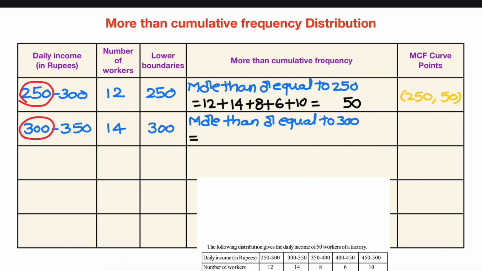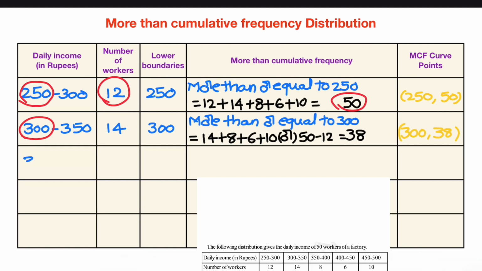They are 14 plus 8 plus 6 plus 10, or 50 minus 12, that equals 38. Point is 300, 38. Third class interval is 350 to 400.